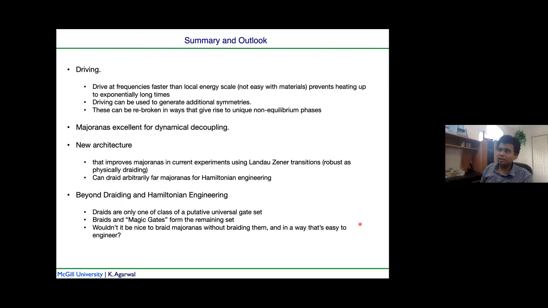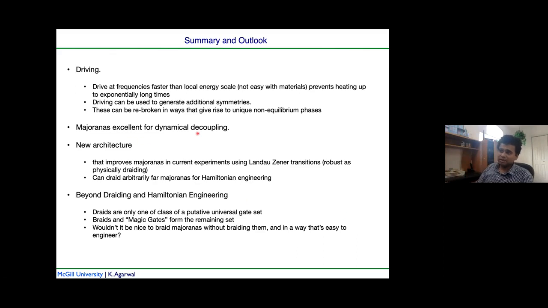Maybe I'll just take a minute to summarize before I get your questions. The first thing is that you can drive a many-body quantum system as long as you drive it at large enough frequencies. Then, in principle, the heating time can be exponentially long. If you're dealing with real materials, this may be a bit harder, but if you're dealing with these quasi-Majorana modes, or completely artificial quantum systems, then this becomes much more possible.